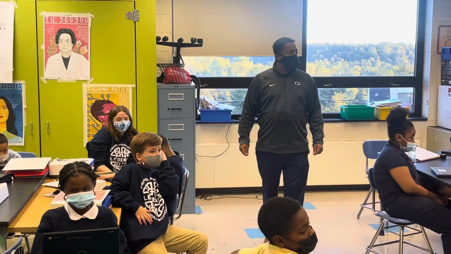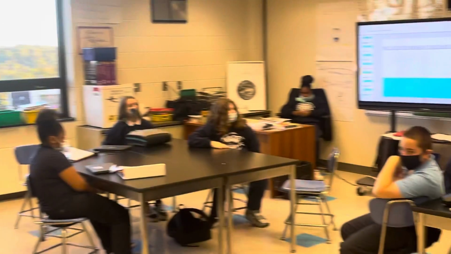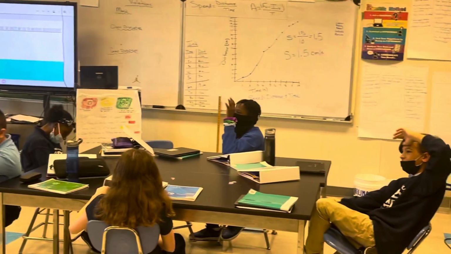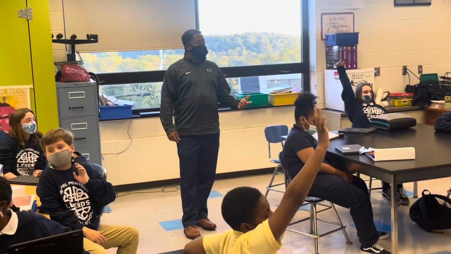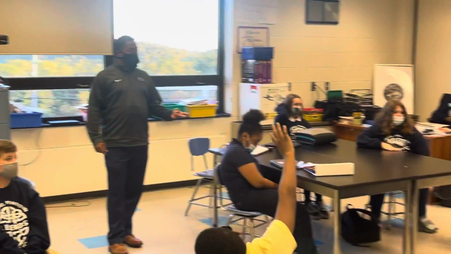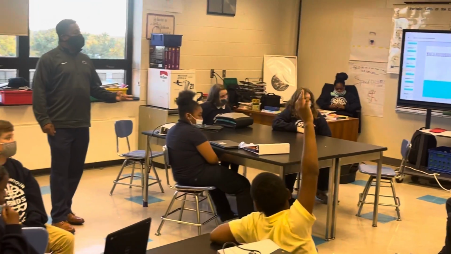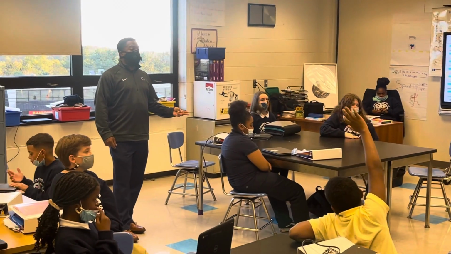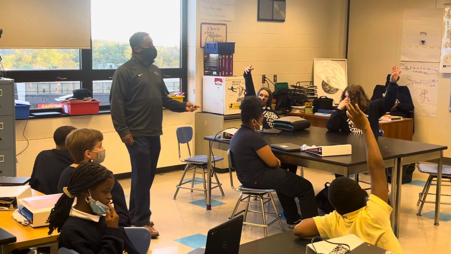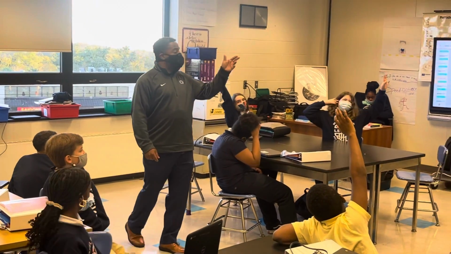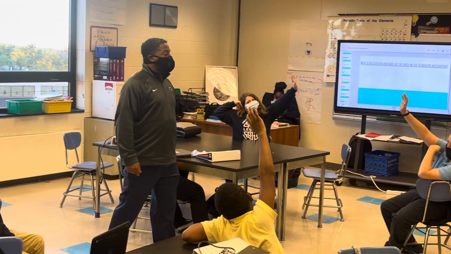I'm pretty sure FV is final velocity. Okay, that's one variable. IV is initial velocity, that's two variables, and T is time, that's three variables. But what's the formula? When I'm asking for the formula, you have to read it. You're looking at it, just read it out.